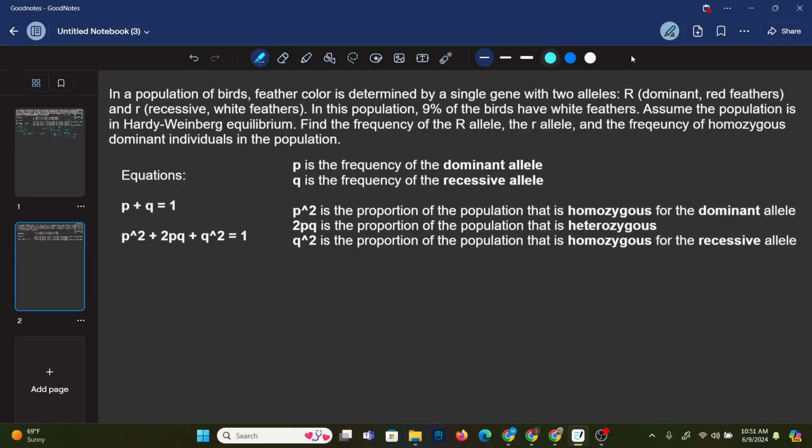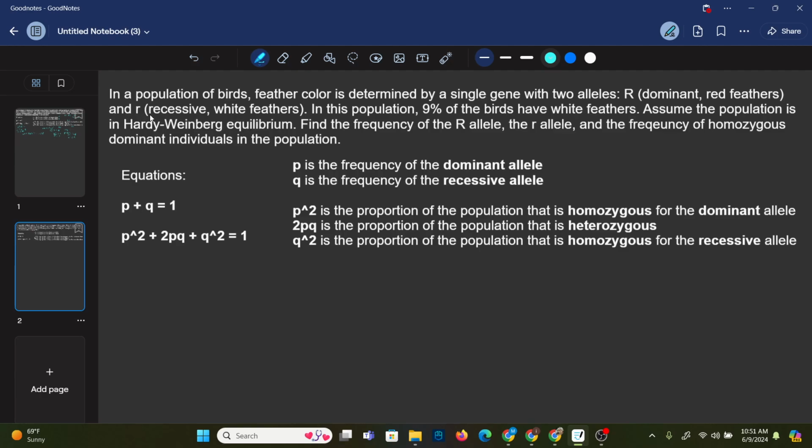So this is example 2 of Hardy-Weinberg solving. We have a population of birds, and the feather color of the birds is determined by a single gene with two alleles. We have big R, which is dominant and is for the red feather phenotype.